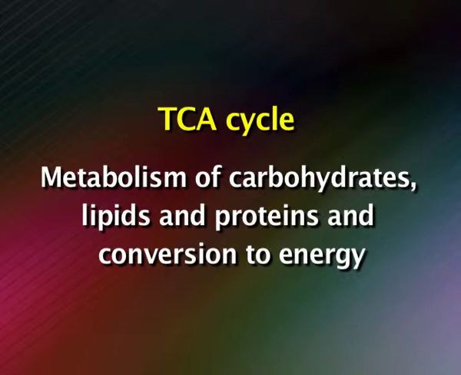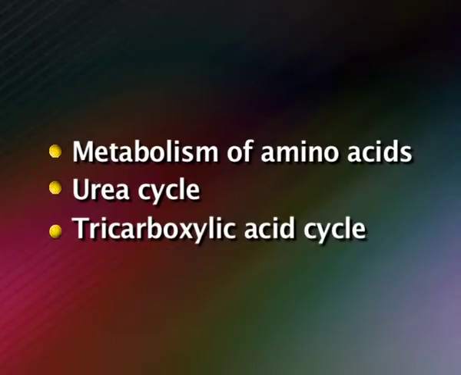And the TCA cycle is the intermediate cycle for metabolism of carbohydrates, lipids, proteins and their conversion to energy. So, the class is essentially divided into 3 modules. The first module deals with the metabolism of amino acids. The second module deals with the urea cycle and its reactions in detail, and the third module deals with the tricarboxylic acid cycle.